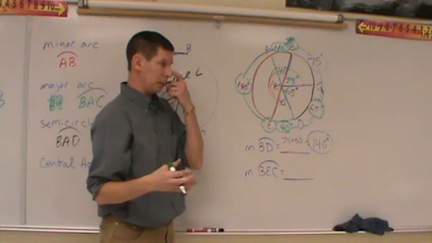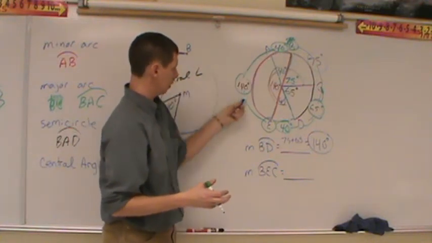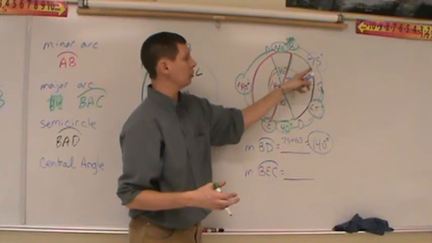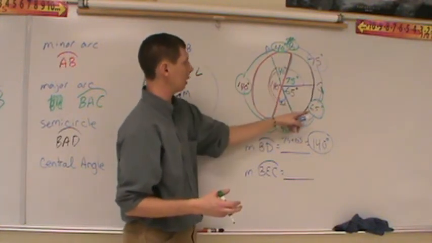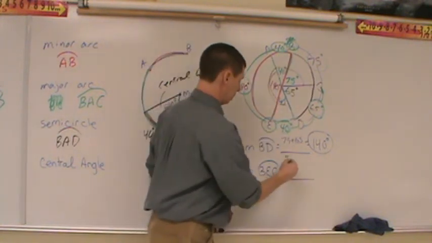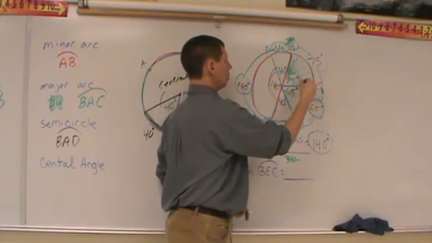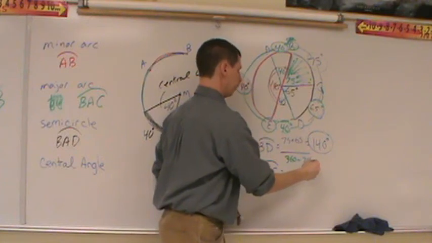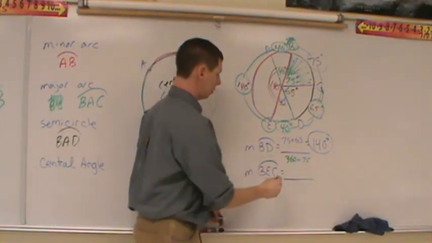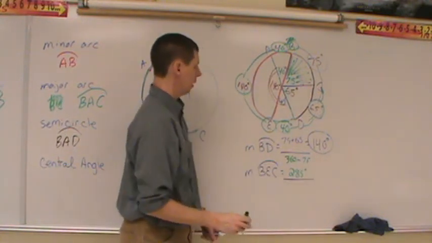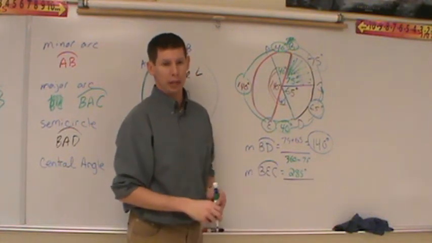Or what some people may say, well, wait, if we're going from B to C the long way, we're just not including the 75. So some people will add all the small numbers up. And some people might say, well, 360, the whole thing, minus this one piece, which we don't need. And if they do that, they'll come up with 285 degrees.